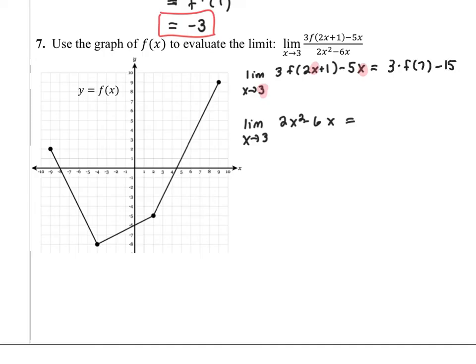And when I look on this graph, f of 7, so this is the graph of f right here, f of 7 is going to give me a value of 5. And my 15 minus 15 gives me 0 in my numerator. And then plugging my 3 into my denominator leads me to 18 minus 18, which is also 0. So I verified that I got my 0 over 0, and I make my statement.